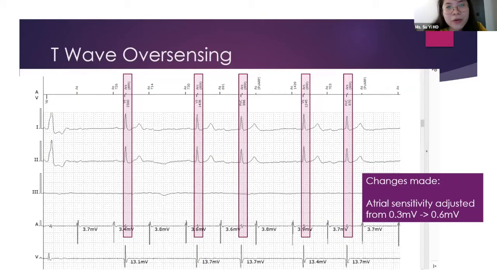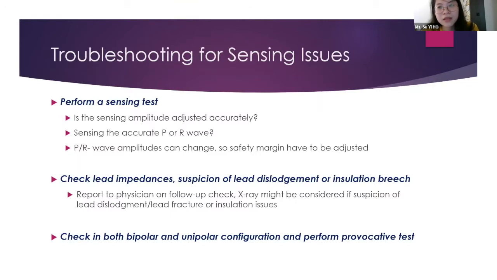Another example will be T-wave oversensing. For the atrial lead, we can see that it's actually able to pick up the far-field T wave as well. So what we can do is simply adjust the sensitivity to blank out the T wave. In a nutshell, there are many different reasons causing undersensing and oversensing issues.